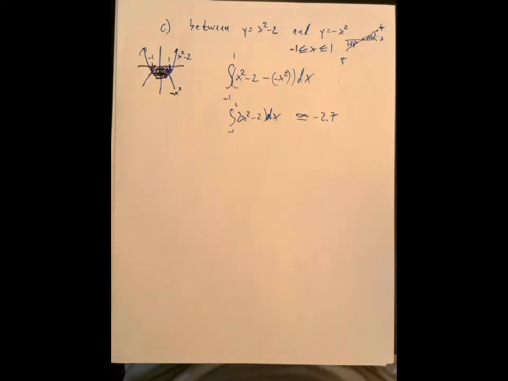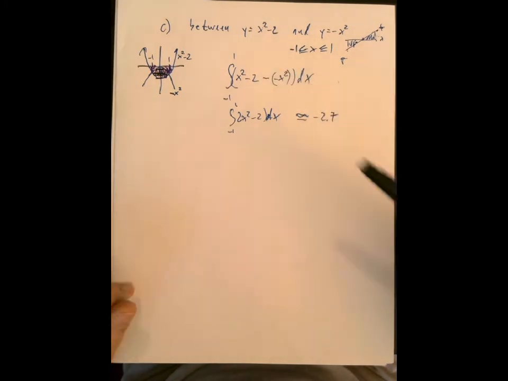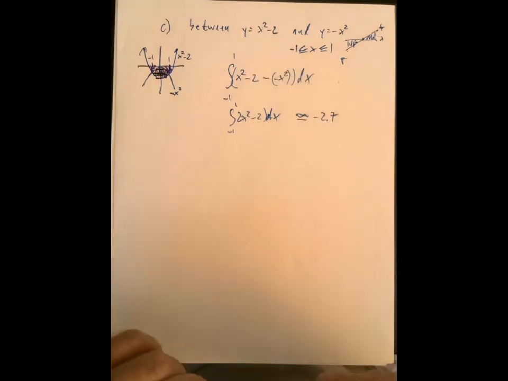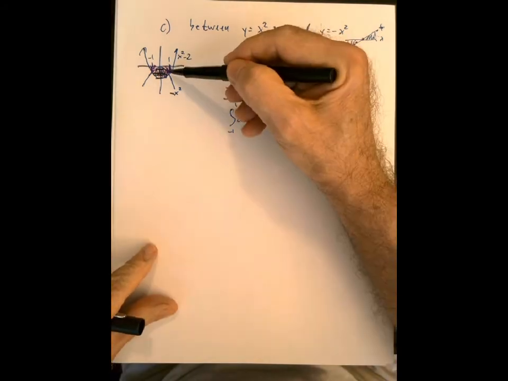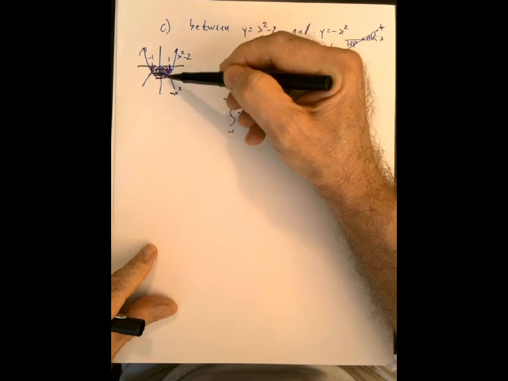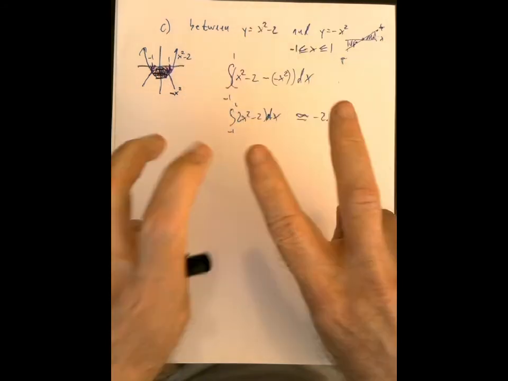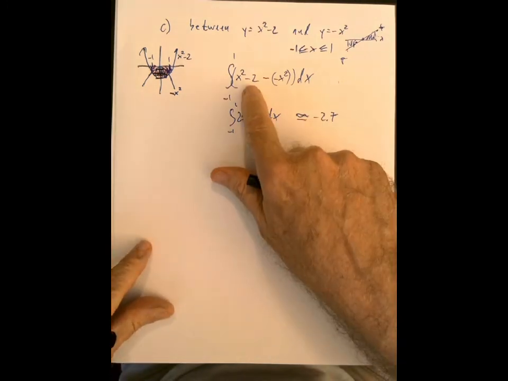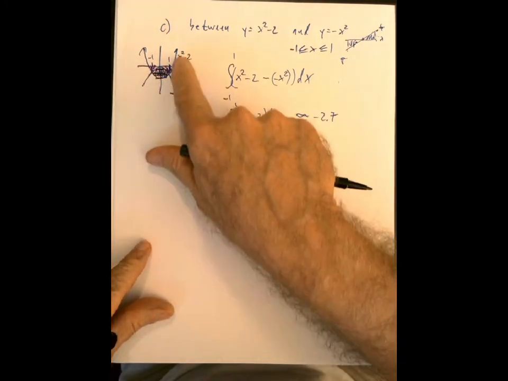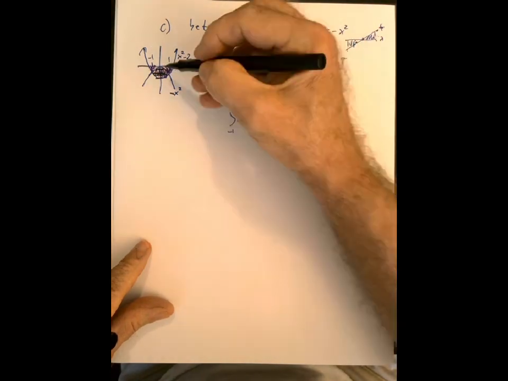Okay, so now we're going to subtract the lower one from the upper one. Now notice the order that I did it in. We want the area from here, which is underneath the curve, up to the x-axis. So the upper curve is actually, hope you can see, the x squared minus 2, because we're getting this area down, and the underneath is the one here.